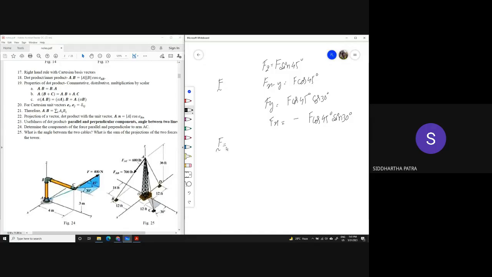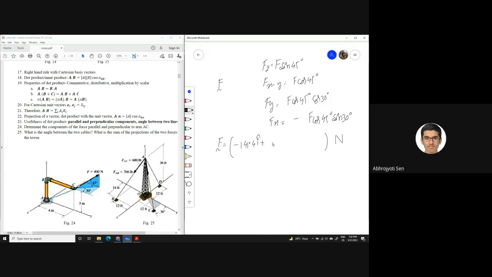Can you tell me how much the force is? Don't forget to put the unit in the end. So in i, j, and k, how much is the force? Sir, negative 100 root 2 i cap. Okay, then?